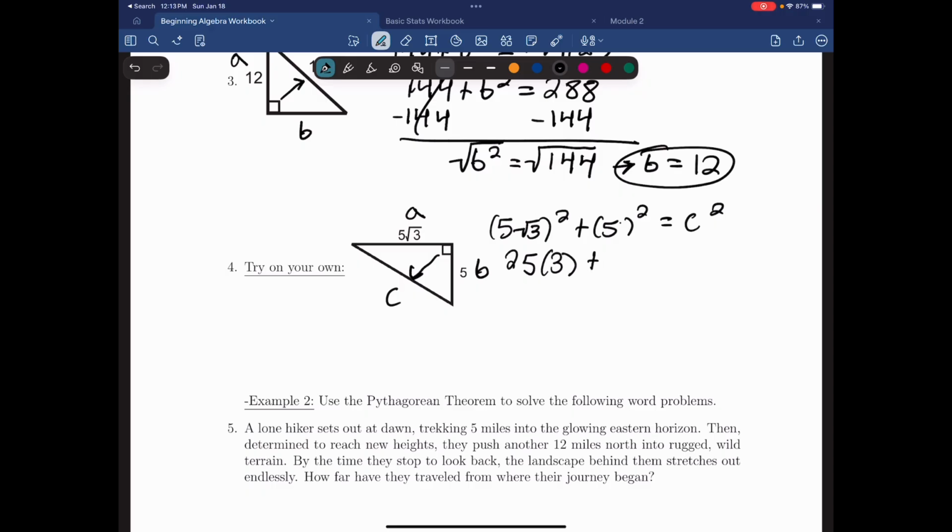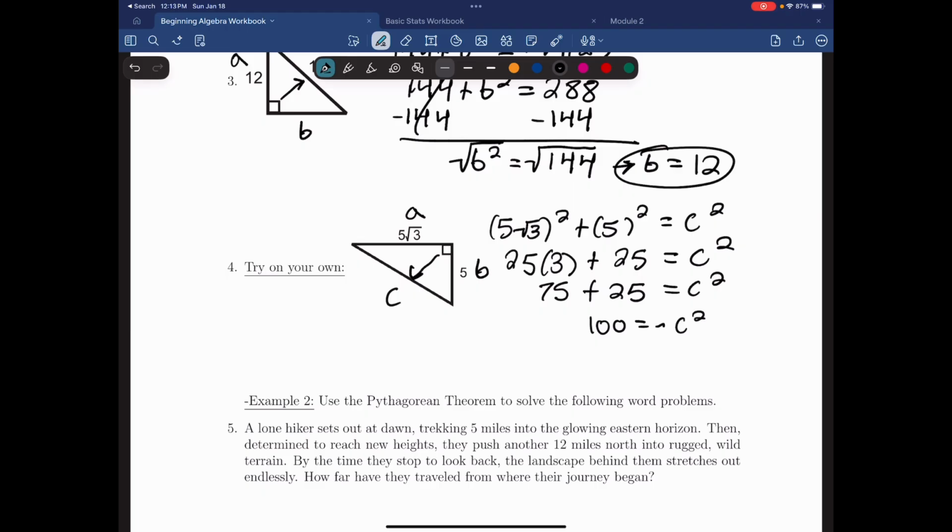And then we're going to add 5 squared, which is 25, and that's equal to C squared. Well, 25 times 3 is 75. Then we're going to add 25, and set that equal to C squared. 75 plus 25 is 100, so we get 100 equal to C squared.